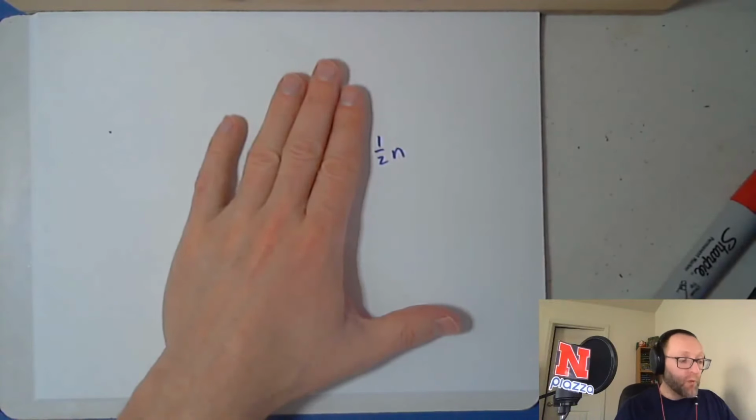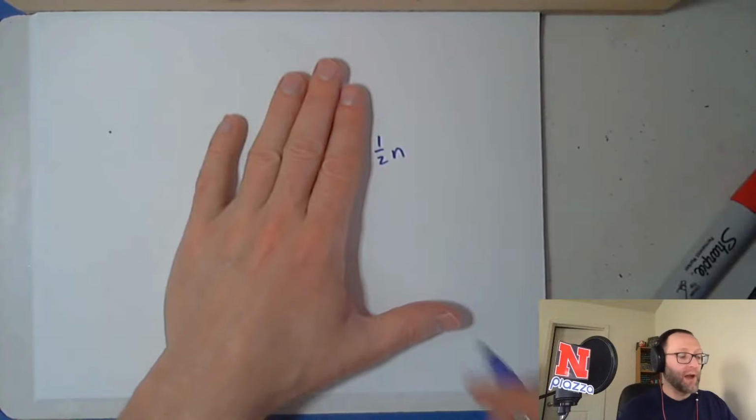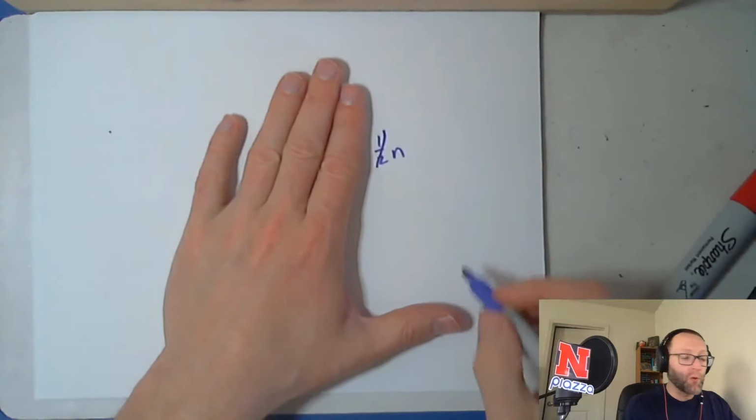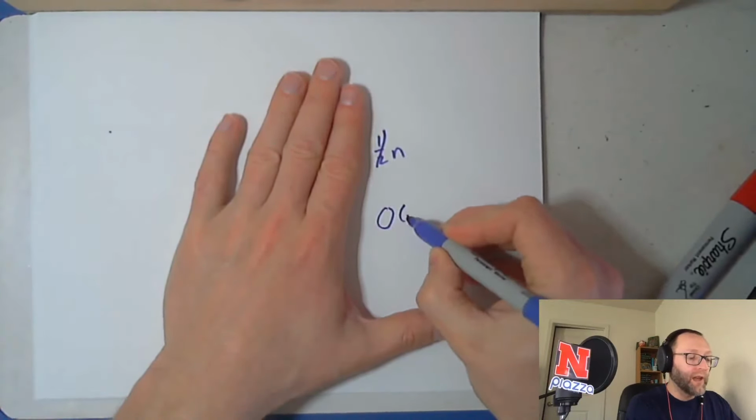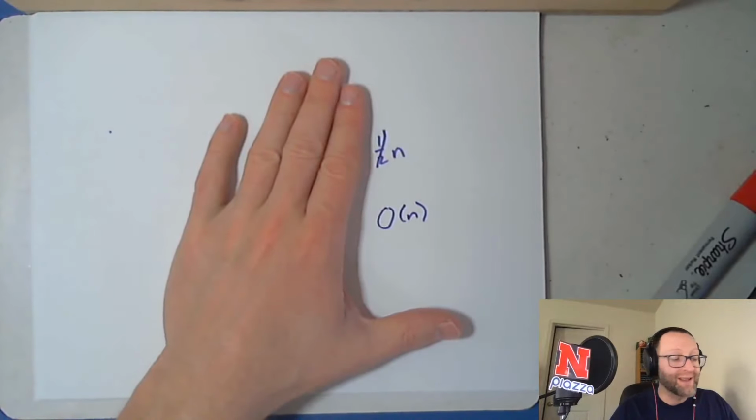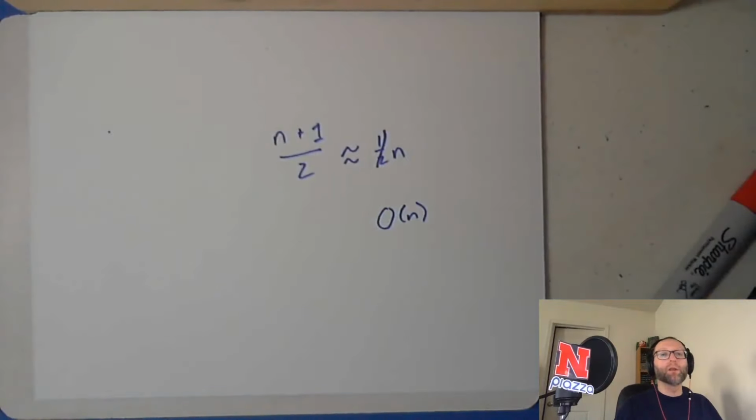Though when you eventually go to big O analysis and ignore those lower order terms, you still get that it's order n, that it's linear. And that's why we call it linear search to begin with. In the worst case scenario, and in the average case scenario, you're going to perform a linear amount of work. If there are 1 billion elements in there, then you're going to perform an amount of work proportional to 1 billion.